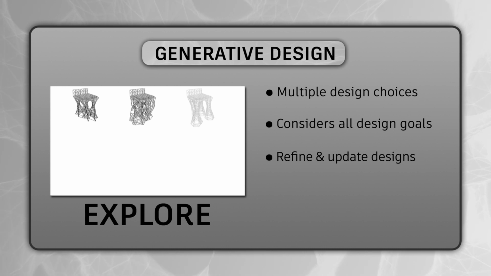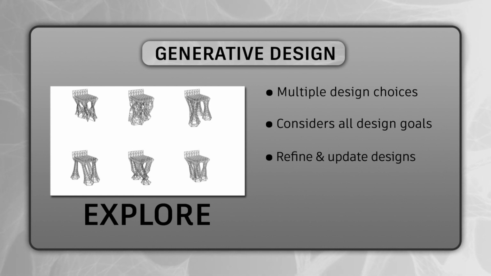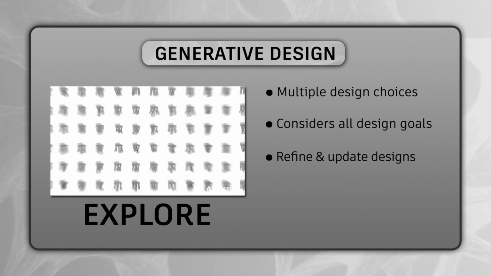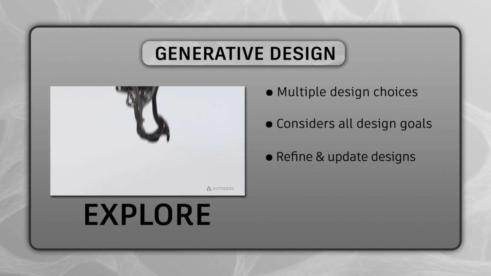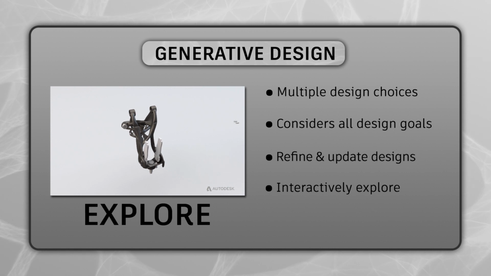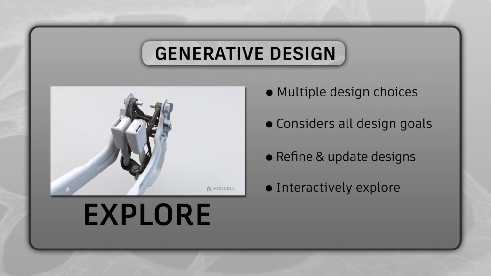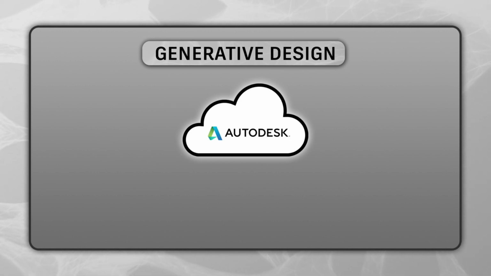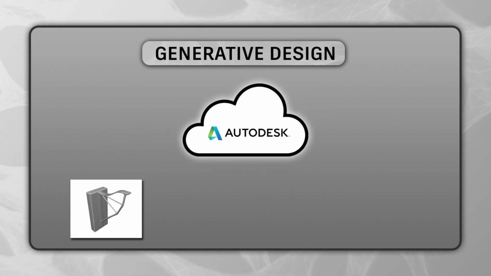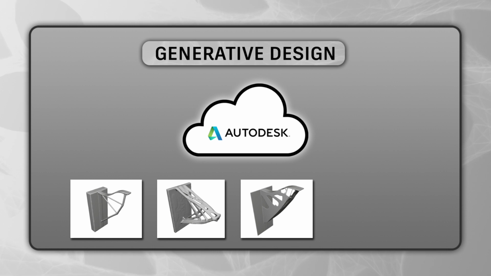With any new goals or constraints, generative design can continue to refine and produce even more designs based on your updated criteria. So you can interactively explore multiple design potentials instead of just one or two designs. All of this is based on many clever algorithms in order to solve the design problem.